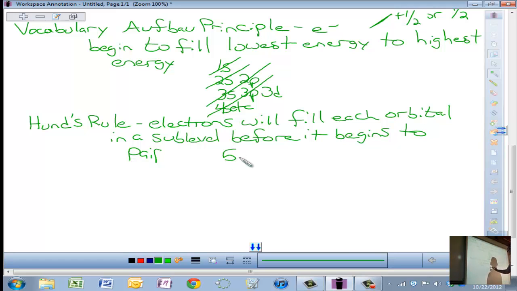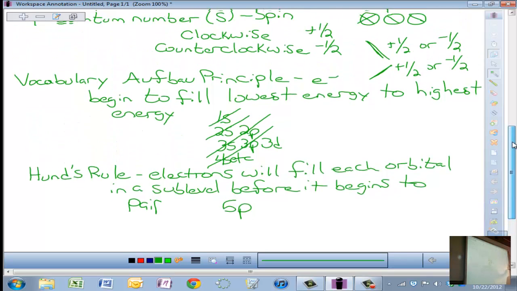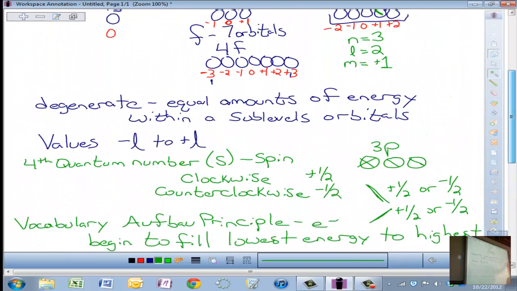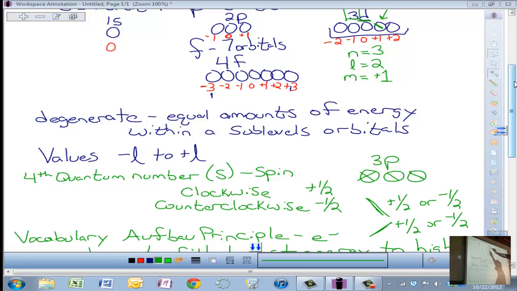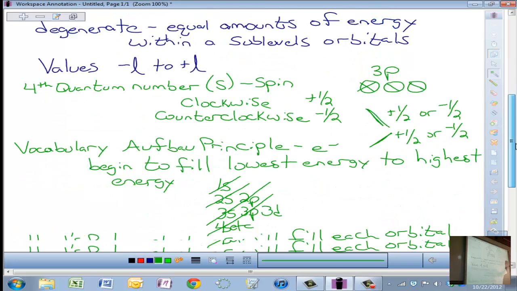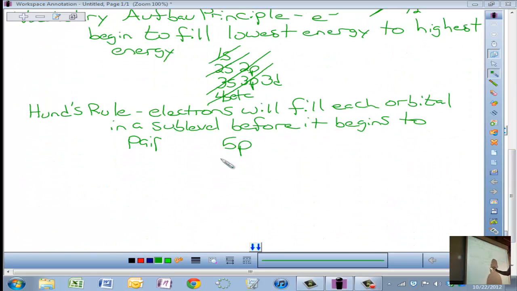So for example, if I have a 5p, and again, we're going to come back up here, we're going to find the p, and a p has 3 orbitals in it. So again, I'm going to come back down here, I'm going to draw my 3 circles beneath.